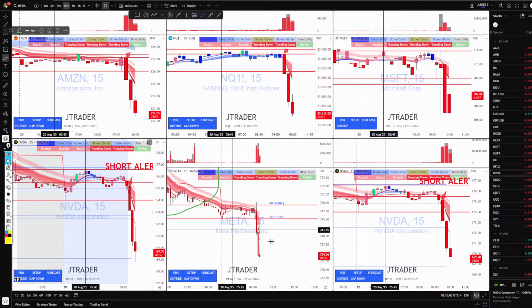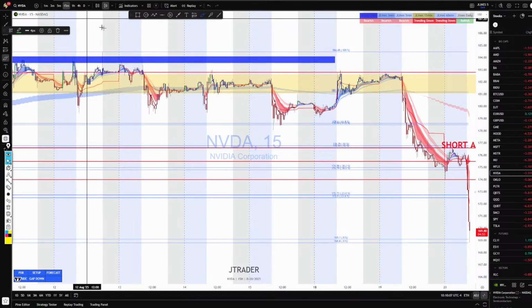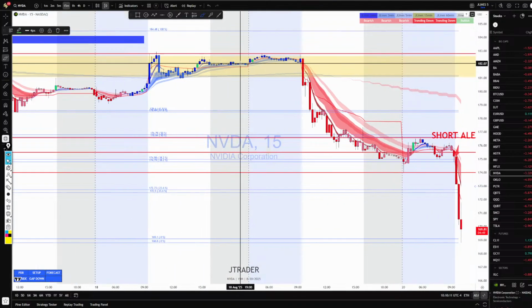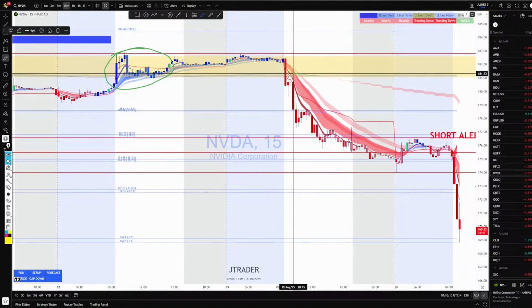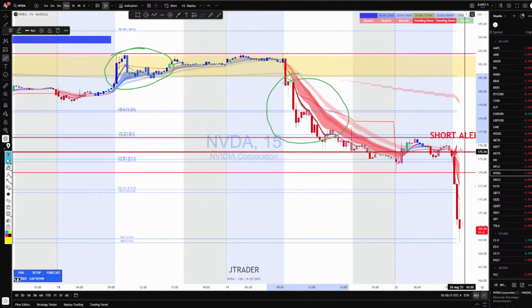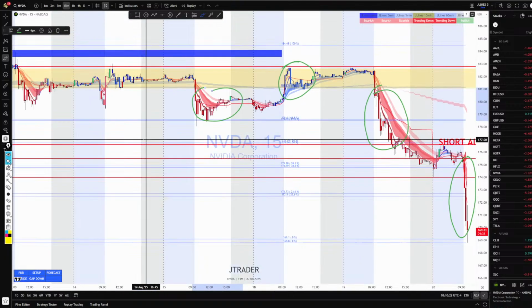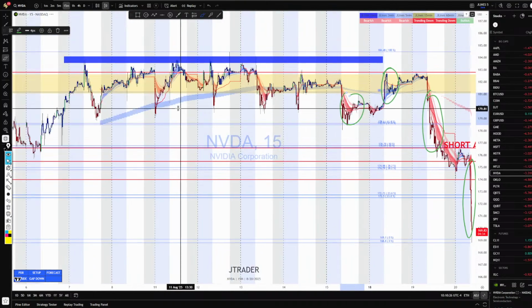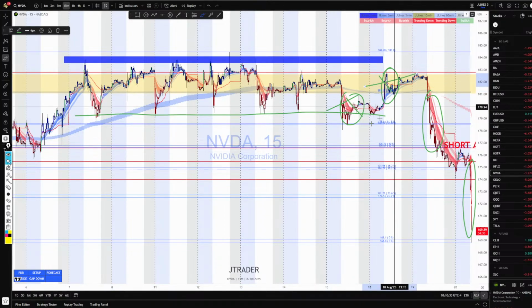Okay, if we take NVIDIA over here and put this on a 15-minute chart, this is the part where you're going long. This is the part you're going short. This is the part you're going short. Over here you're going short. Over here it's sideways. Actually, this is all sideways over here, so I doubt short and long now.